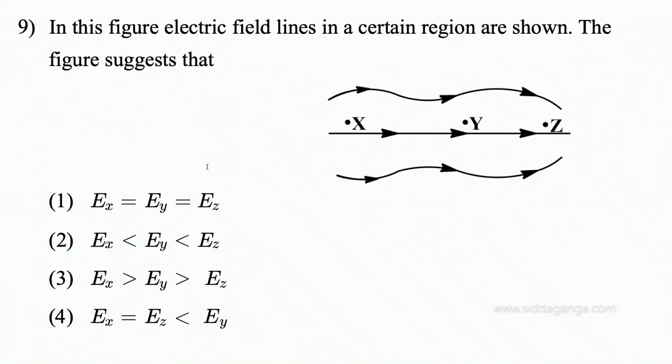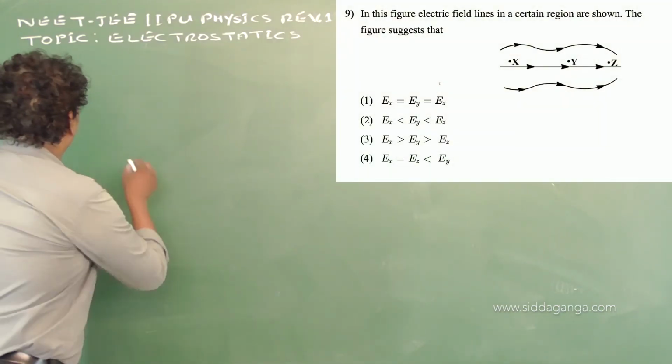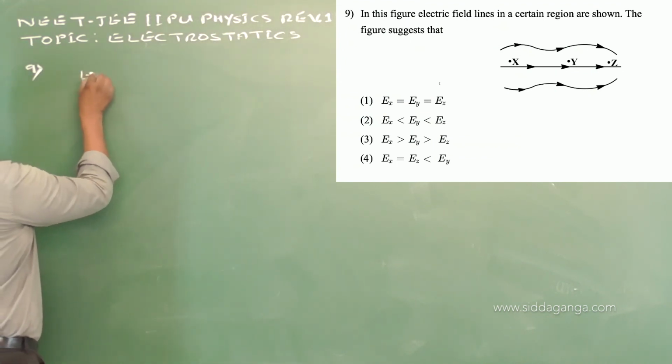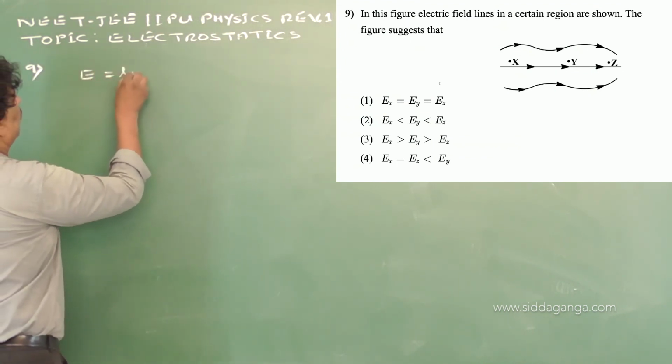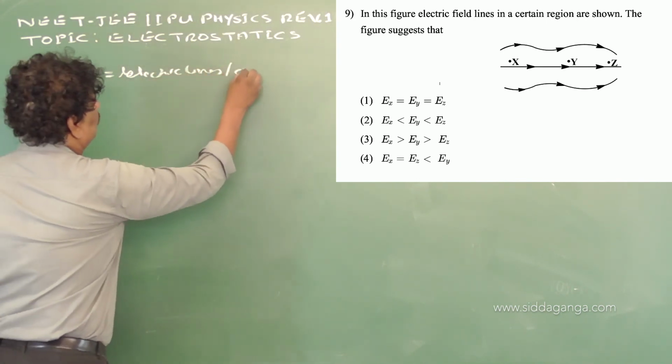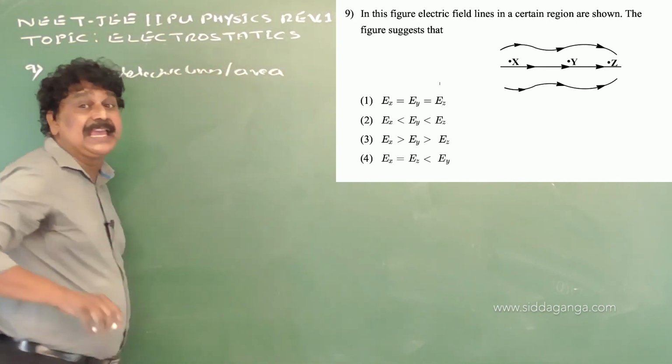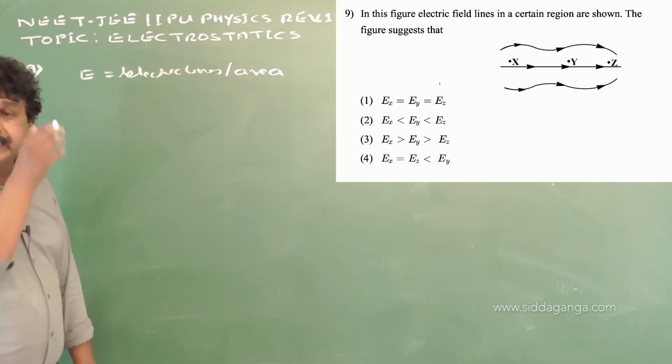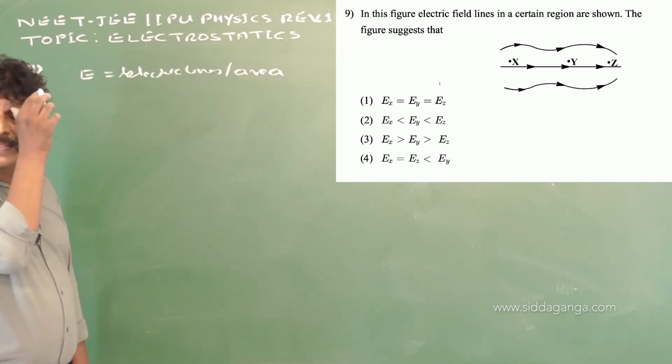Now question number 9. In this figure, electric field lines in a certain region are shown. The figure suggests that electric field is equal to electric lines per unit area. The number of lines is the same, 3 lines.